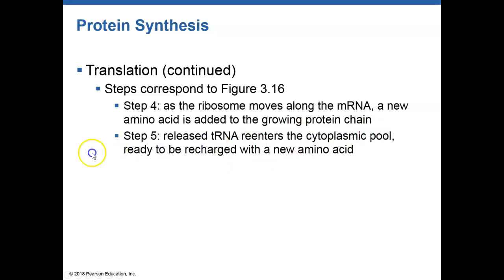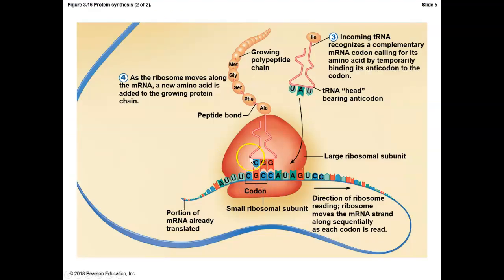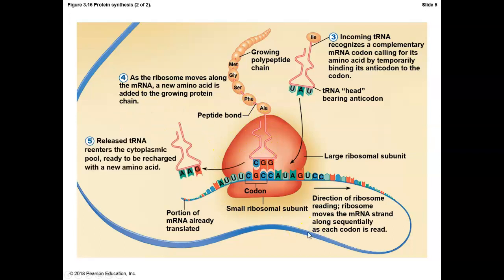It can then be released from the ribosome and go off and pick up another amino acid. So here, this tRNA is attached and carries this amino acid. Once the amino acid is released and attaches, then this tRNA can leave and go pick up another amino acid. So they're not used up, they're reused continuously. And you can see that right here, okay?